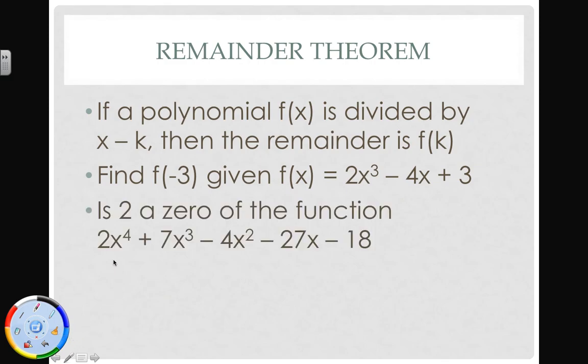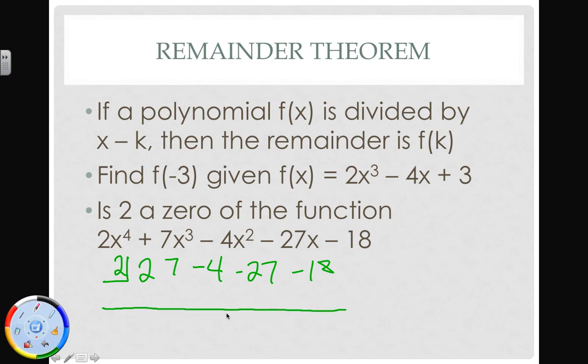And we can also do it to see if 2 is a 0 of the function. It's a 0 of the function if the remainder is 0, or if f of 2 is 0. And I'm just going to do this really quick using synthetic division. So I'm not missing any terms, so I get all these numbers here. No zeros. And I'm just going to do a quick synthetic division, just kind of follow along here.